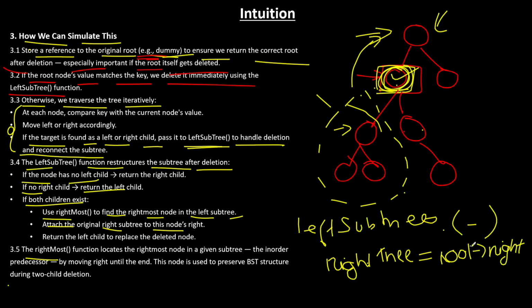Basically, root right means we have passed this in the function, right? And its root right is this, correct? So that when we find the rightmost node, suppose we got the rightmost node here, what we will do is point its right, node's right dot right, to the right tree.